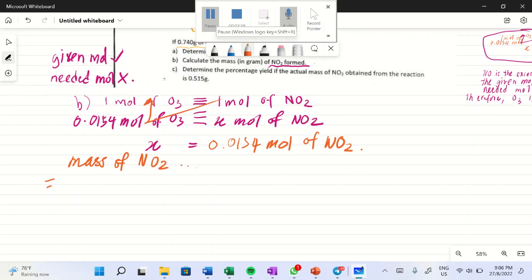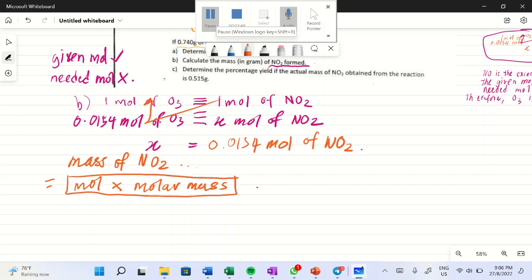How? We use the formula mole times molar mass. So mole here is 0.0154. Don't forget to put the unit.